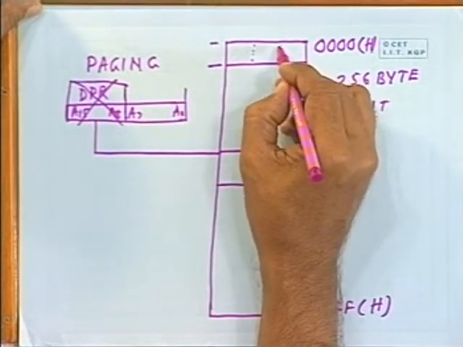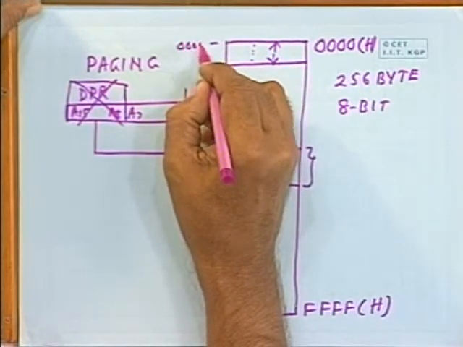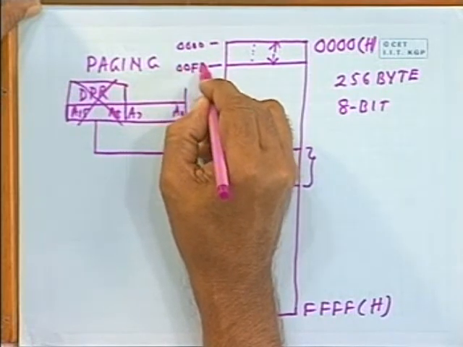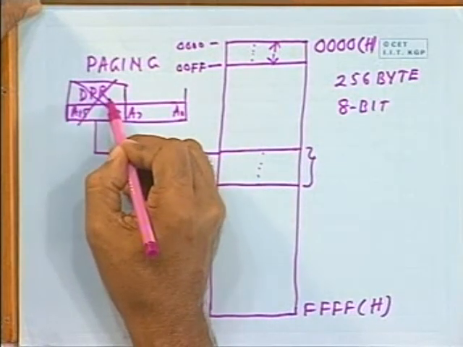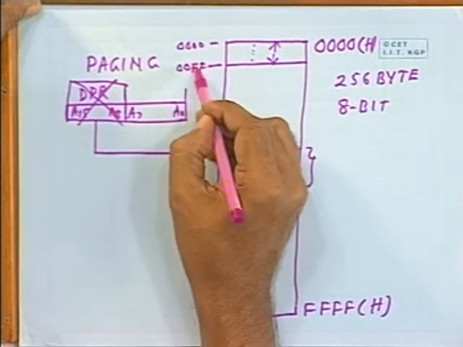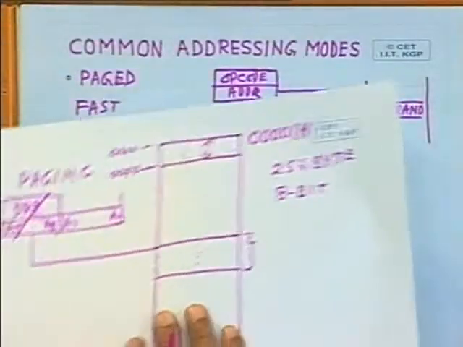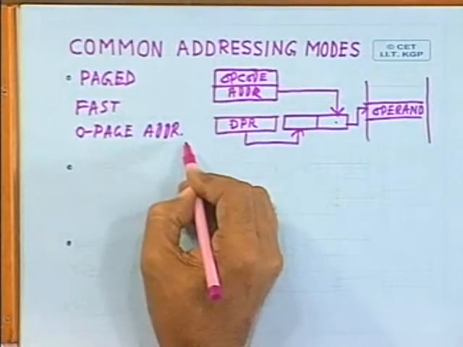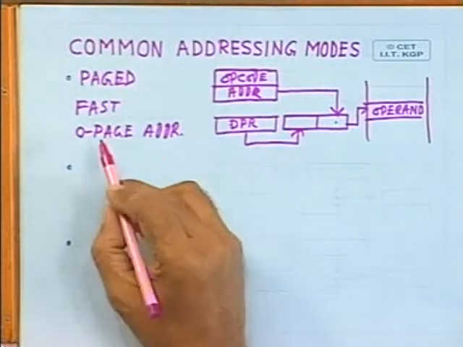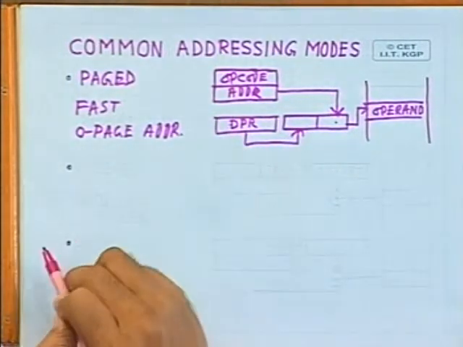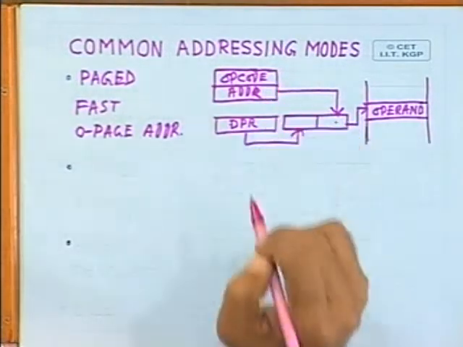That means as long as your program is within locations 0000 to 00FF, you assume the higher order byte to be 00 in hex, and the lower order byte is provided as part of the instruction. That is how you generate zero page addressing without the direct page register. In some microprocessors, zero page addressing is provided because it is faster and requires smaller space in the program.